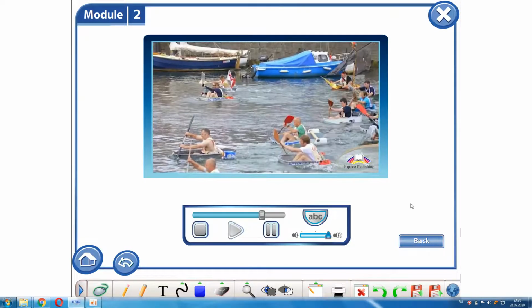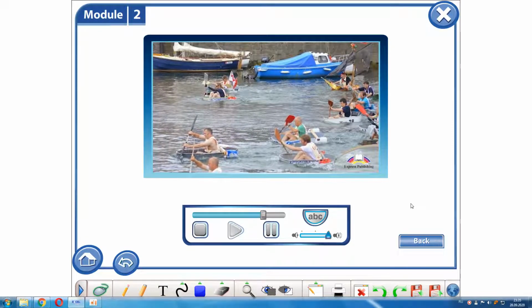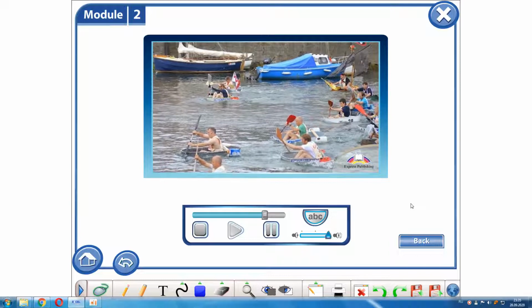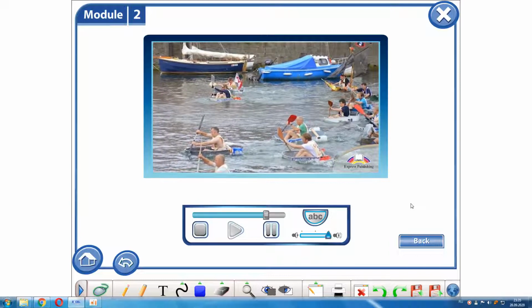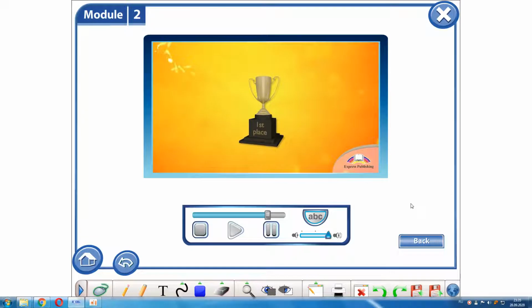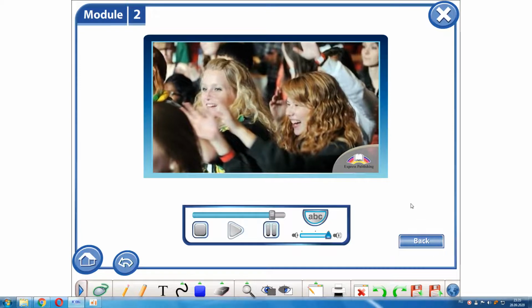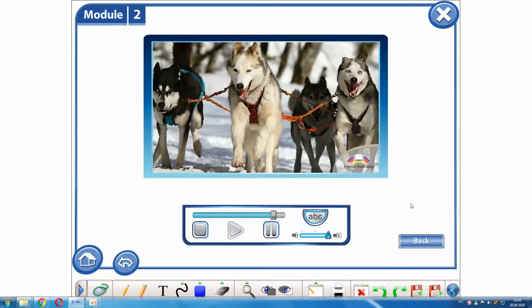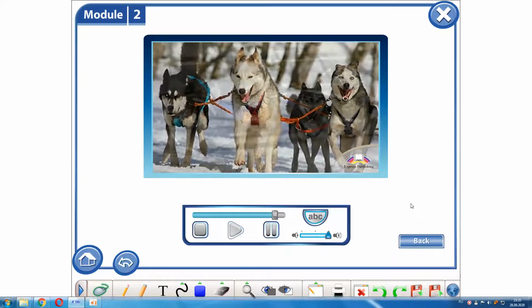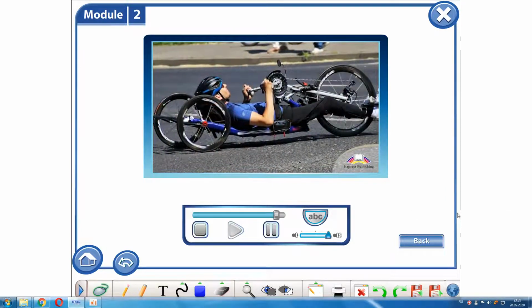The winner is the person who crosses the finish line first, or the person who gets the furthest before they sink. It's difficult to stay dry, and although Uncle Tom's bath sank, he still won. It was hilarious. Do you know any unusual races in your country? What are they like?